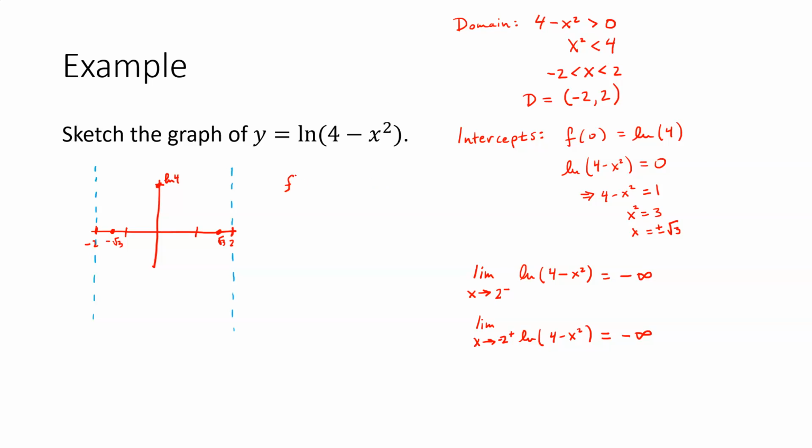So when I take f prime here, for instance, we would have -2x over 4 minus x squared. Notice that this will be positive for x greater than 0. Or, sorry, for x less than 0.